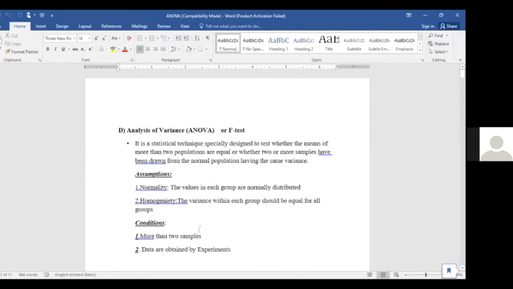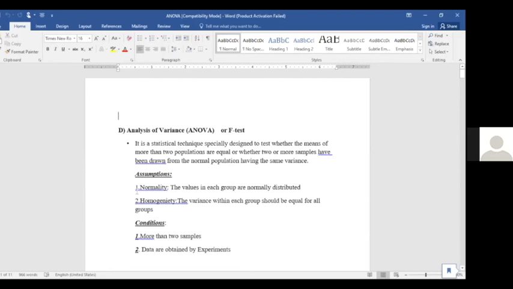Homogeneity is standard deviation 1 squared equal to standard deviation 2 squared. That means the variance of all the samples should be equal. For sample 1 you calculate the standard deviation, then square it, equal to the other sample. The variance within each group should be equal for all the groups.